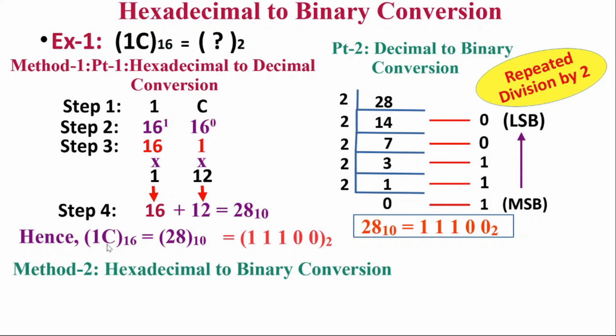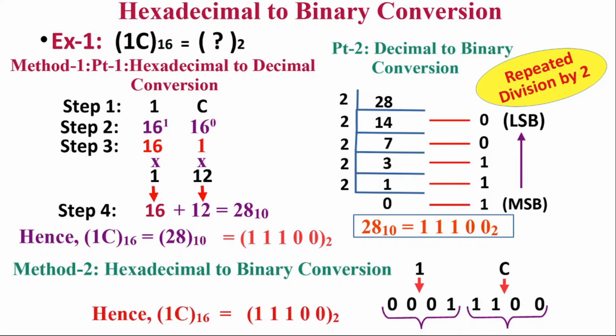The method 2. It is a direct hexadecimal to binary conversion method. Here we have to write the hexadecimal number, that is 1C, and we have to write the binary equivalent of this hexadecimal digit C. For C it is 1100, and for 1 that 4-bit group, that is 0001.